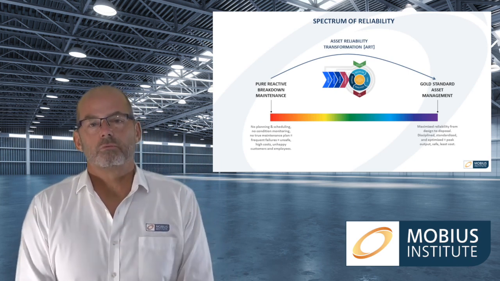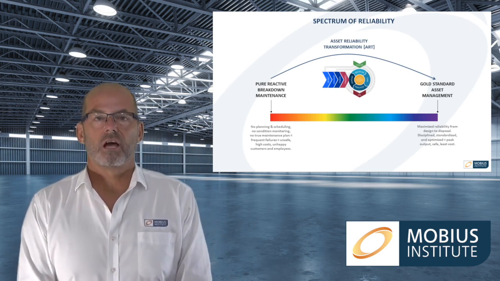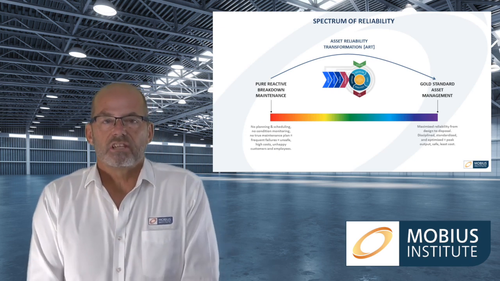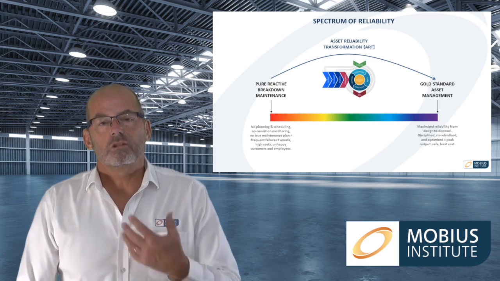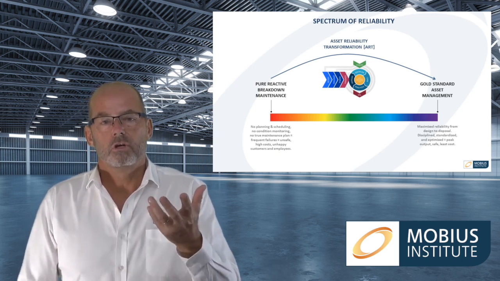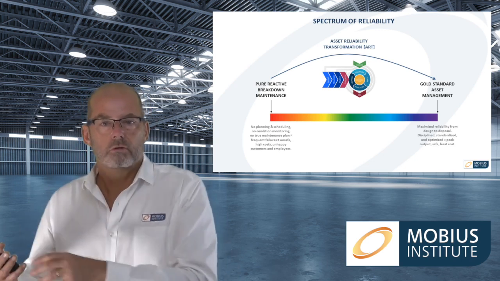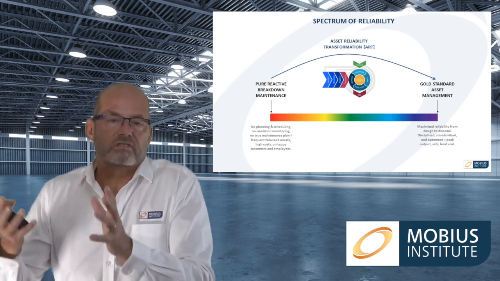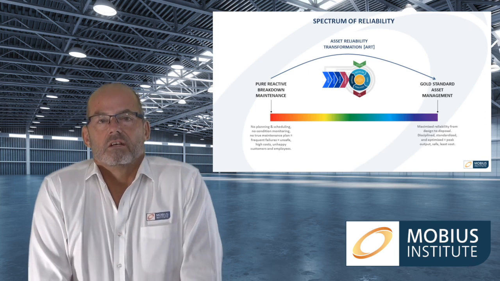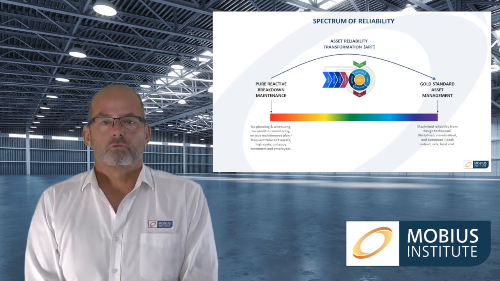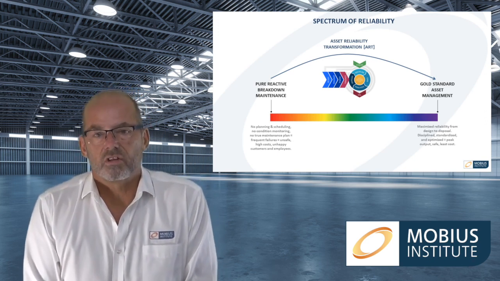and that was really what ART was designed to do, the asset reliability transformation. Each of those steps, the value step was to build a business case and say, what is it worth to the organisation to go from reactive maintenance to this gold standard, where everything really is clicking well. We need a strategy for this process. We need to change the culture.